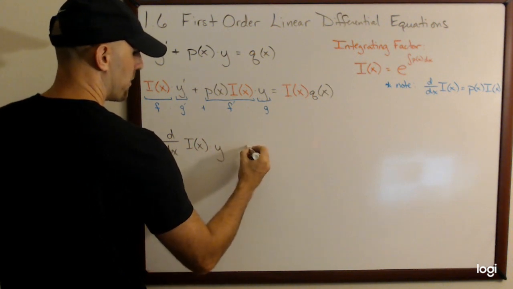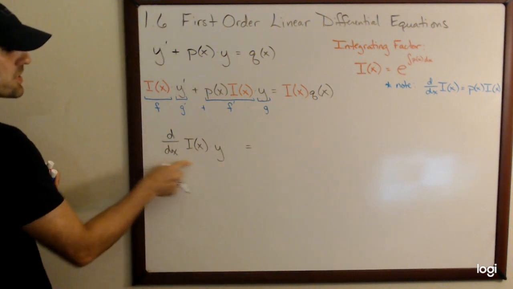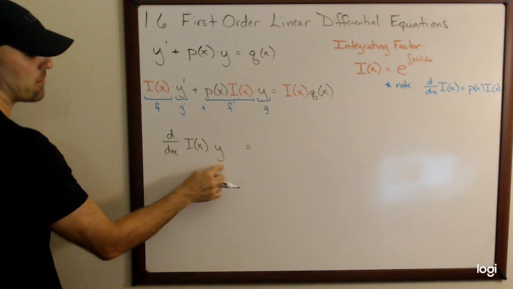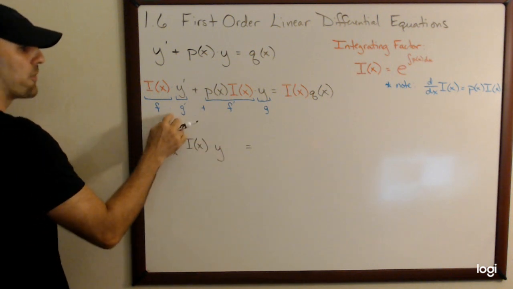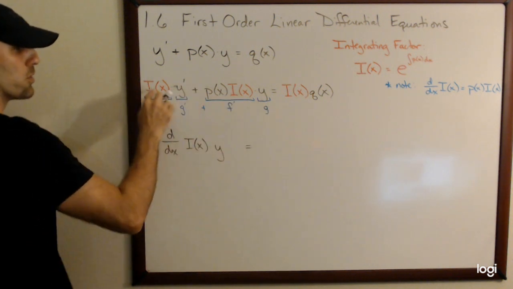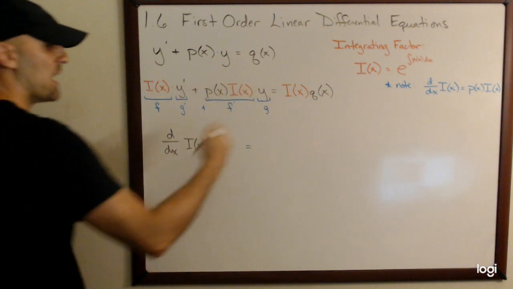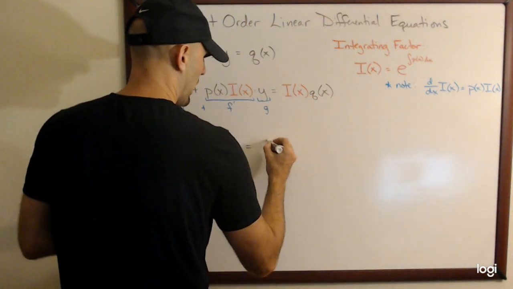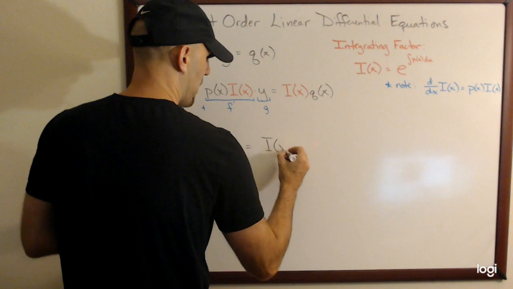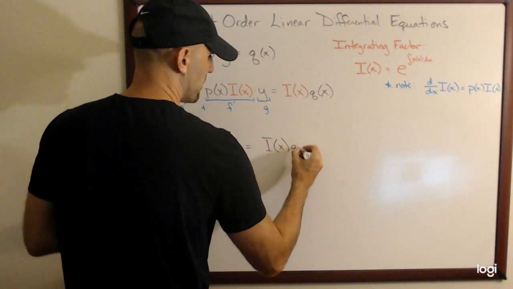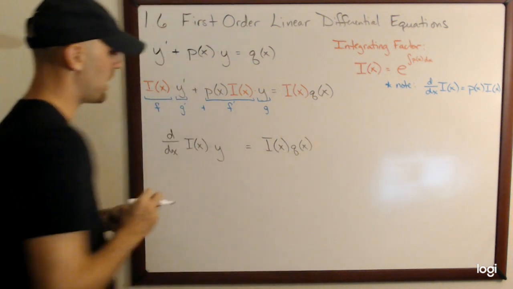Okay? So the derivative of f times g, that's equivalent to f times g prime plus f prime times g. So it's equivalent to that expression. Okay? And this is just equal to the right-hand side of my equation. Now this looks a lot nicer.